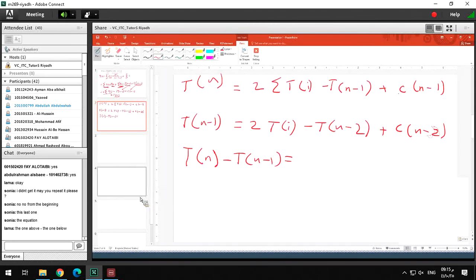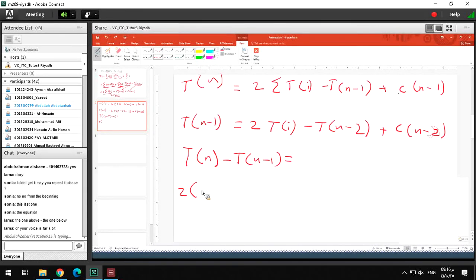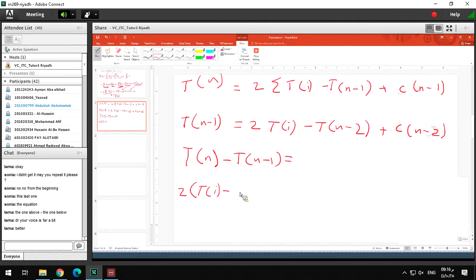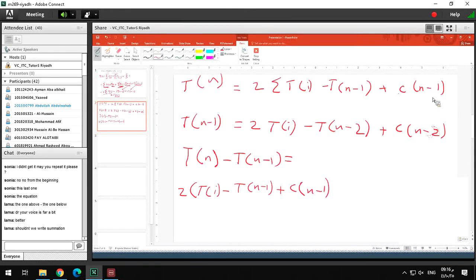So it's equal to 2 Ti minus Tn minus 1 plus Cn minus 1. I'm talking about this part.